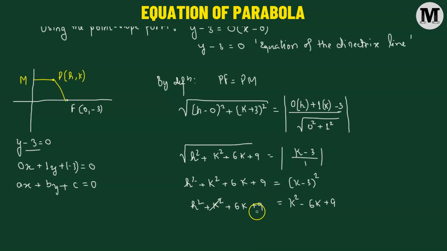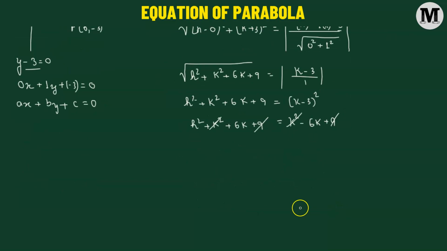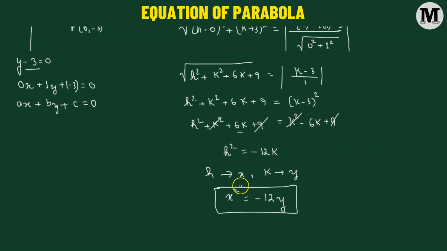So here, k squared and 9 will get cancelled out from both sides, which leaves us with h squared equals, so we're going to transpose this 6k to the right hand side to get -12k. And finally, we're going to replace the value of h with x and the value of k with y, which gives us the equation x squared equals -12y. And this is going to be the required equation of the parabola.